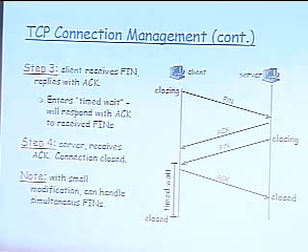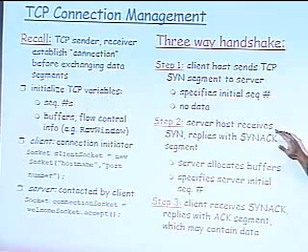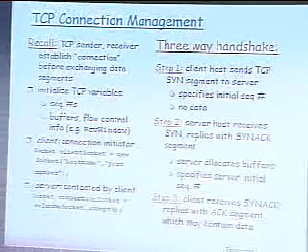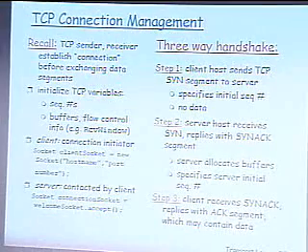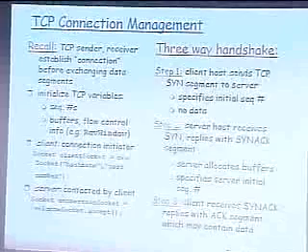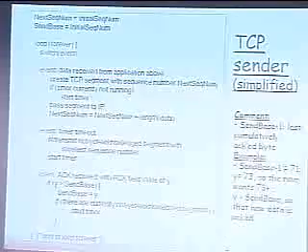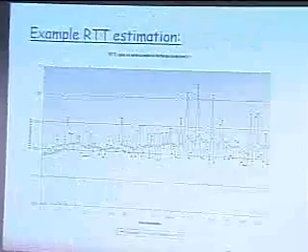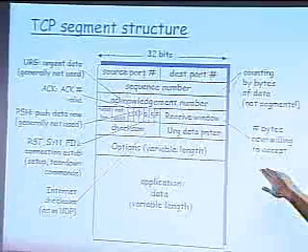Another thing that is done in this connection management process is when the client and the server send out the first packet, the SYN or the SYN-ACK, another field that is set in the TCP segment is this field receive window.